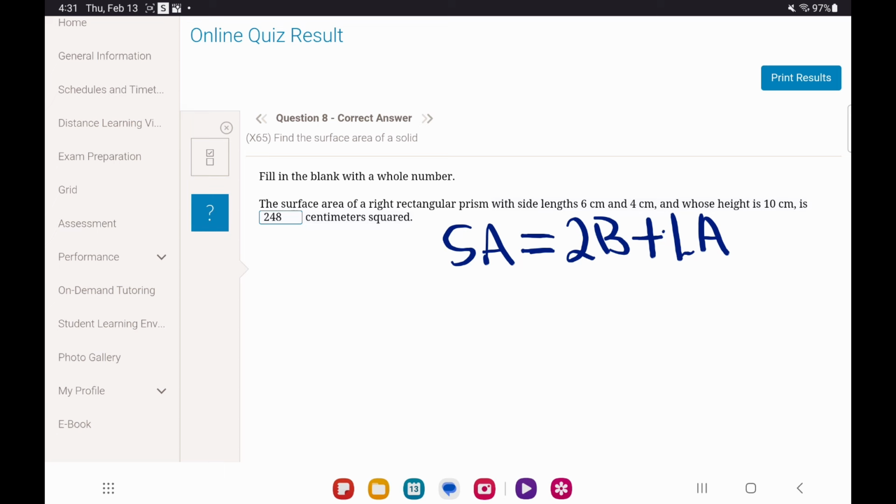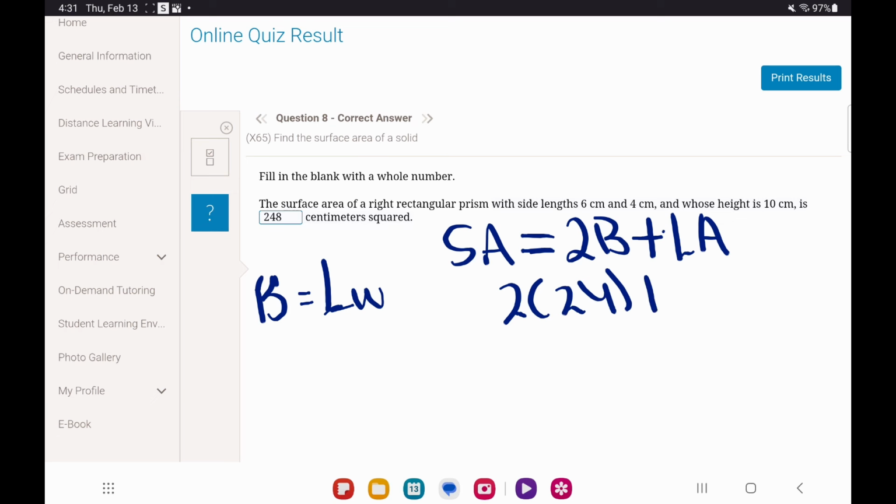Let's find the base first because it's the easiest. Because it's a rectangle, B is length times width. Our length is 6 and our width is 4. So 6 times 4 is 24.